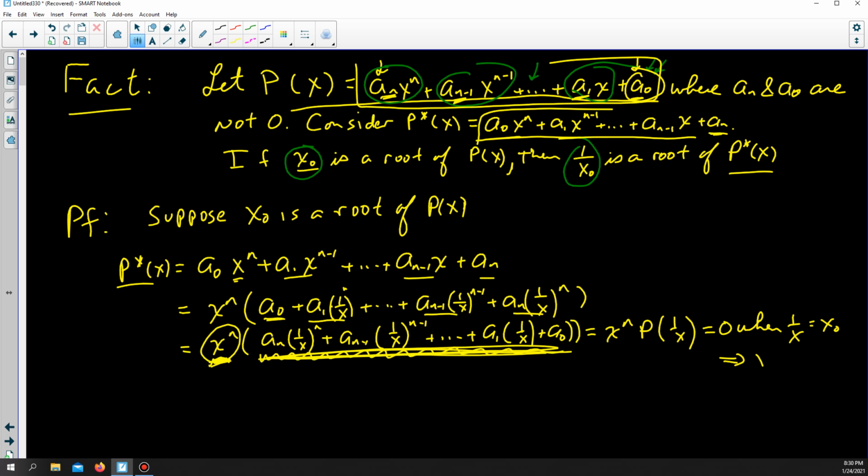But that means that x, taking reciprocal of both sides, is 1 over x0. So I showed that if x0 is a root of p of x, then a root of p star of x must be 1 over x0, which is rather interesting.